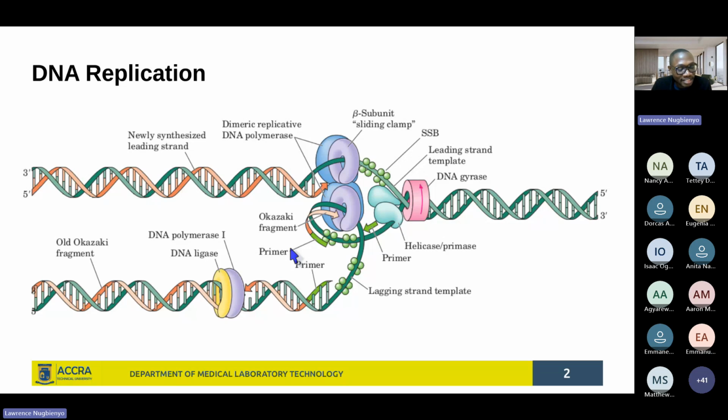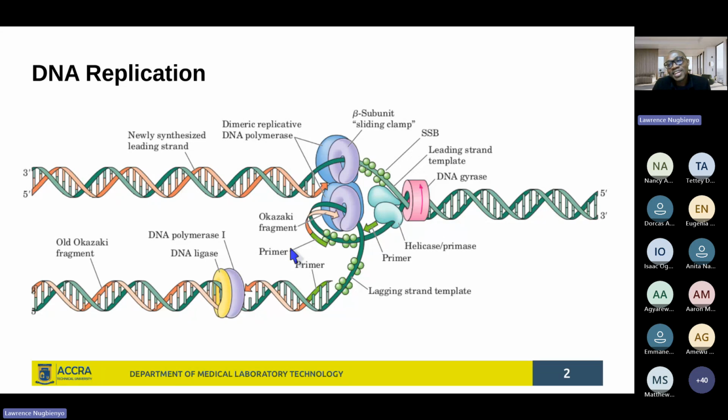So now, Godwin is saying, please, during the replication, I can see that the new strand is straight, but later it forms a wave-like structure. What initiates such a wave-like structure?